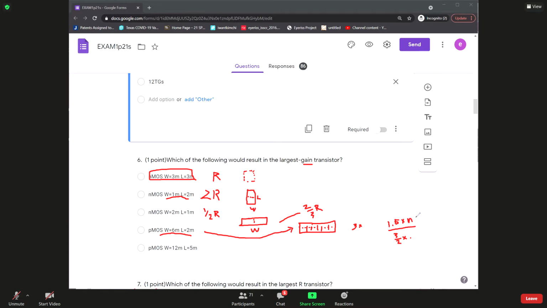Now, what is the resistance for 1.5N? An NMOS sized at 1.5, or 3/2, right? Well, you just flip it around and your resistance is going to be 2/3. That's how you calculate the resistance of a transistor when you're given width over L, okay? So it turns out to be 2/3R for this guy.